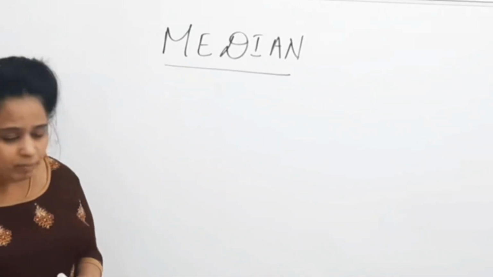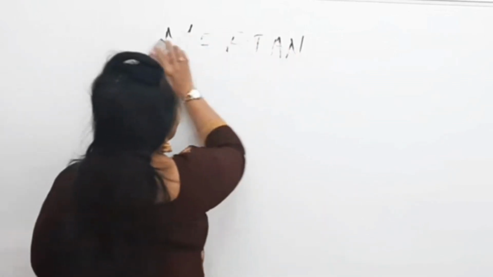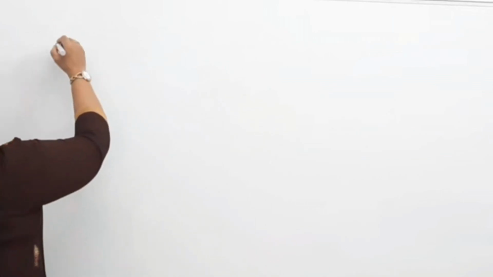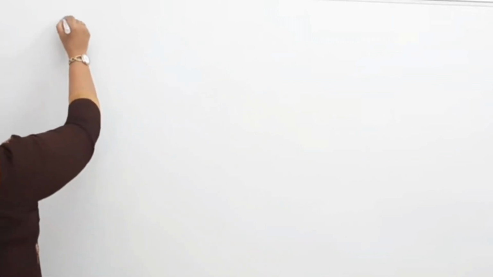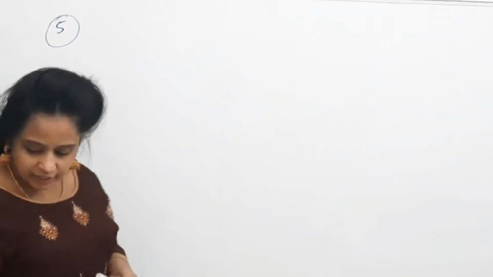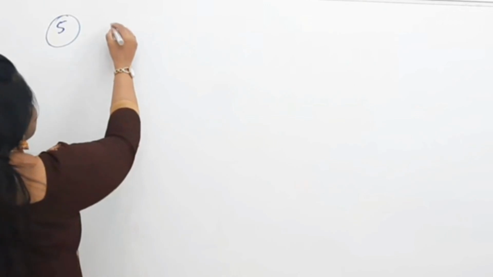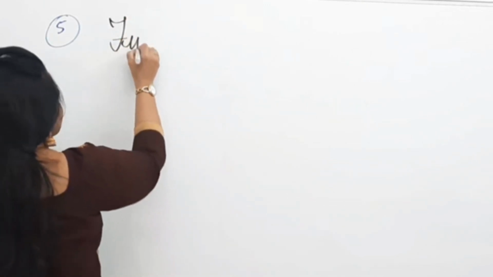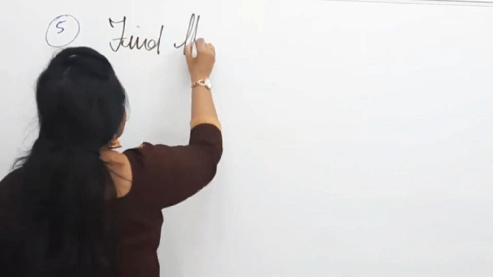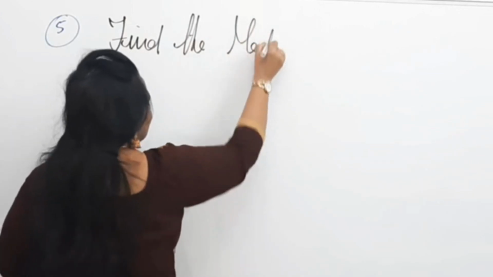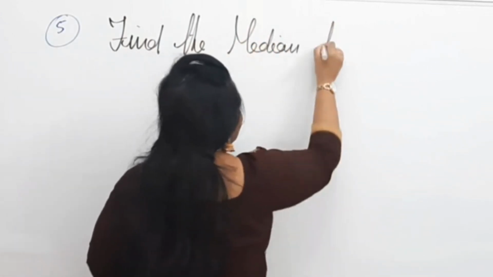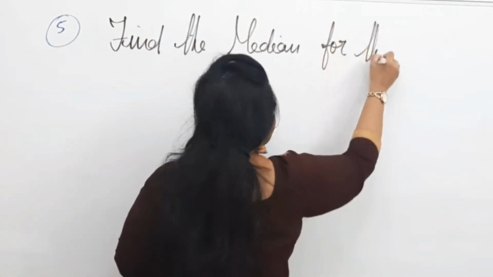Find the median for the following frequency distribution. This is method 5, where we have seen 4 methods in different ways in our previous video. The question is to find the median for the following frequency distribution table.